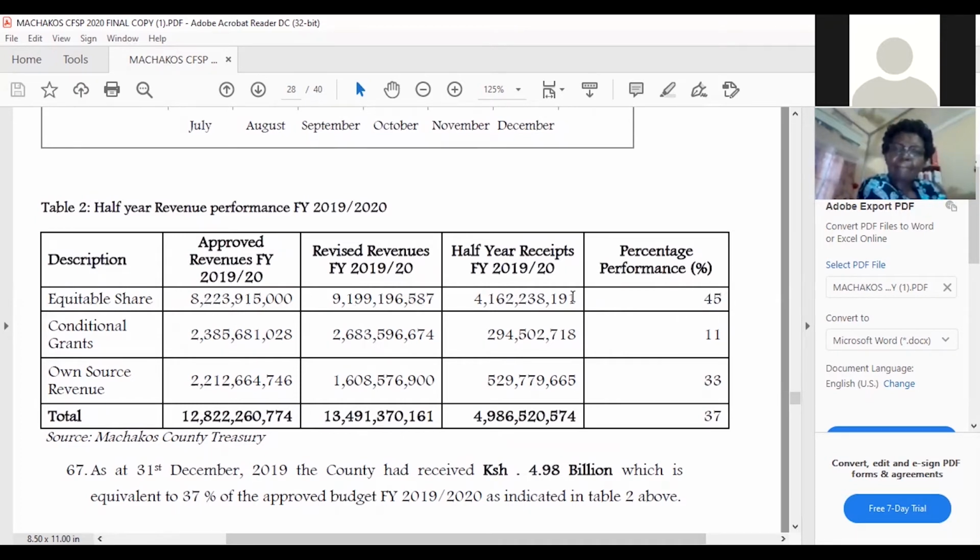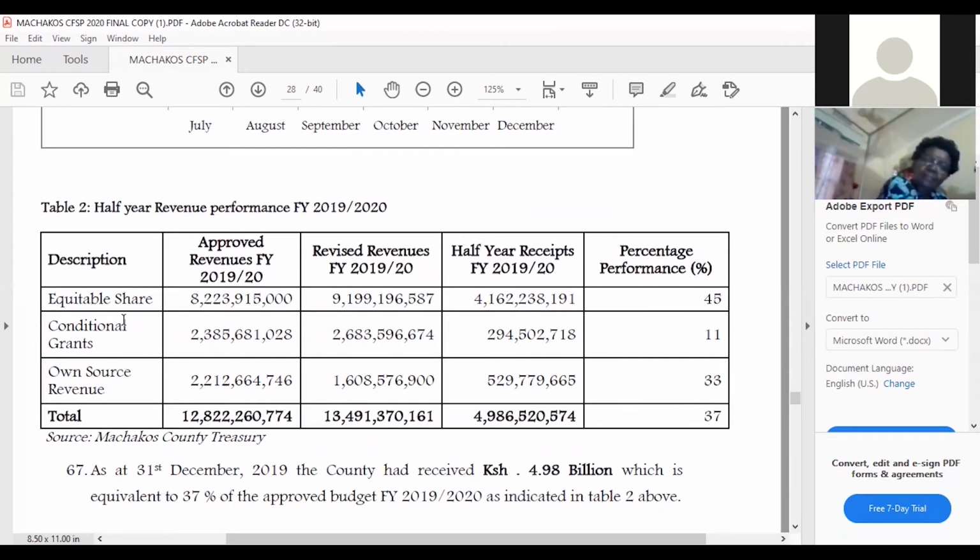Now equitable performance. Now conditional grants. Do you remember what conditional grants are? Yes, which are specific, for a specific project. Conditional grants are given by donors like Danida and the World Bank, with conditions.